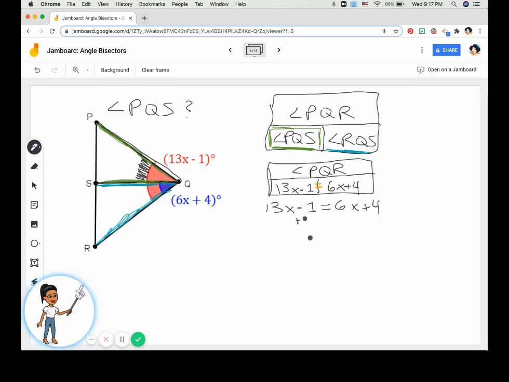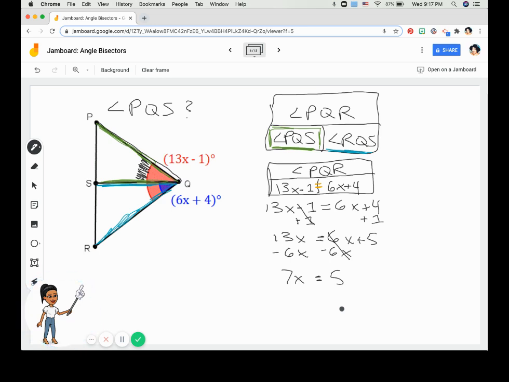I'm going to add 1 to both sides to get rid of this. I'm left with 13x is equal to 6x plus 5. I'm going to subtract 6x from both sides, which leaves me with 7x is equal to 5. Okay, I'm hoping that I did this correctly. 13x minus 1.